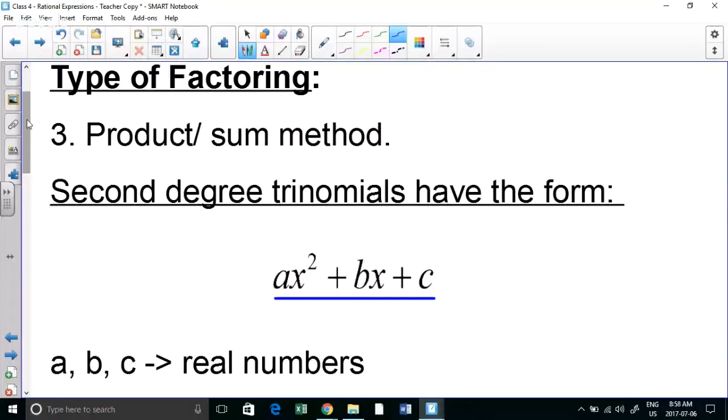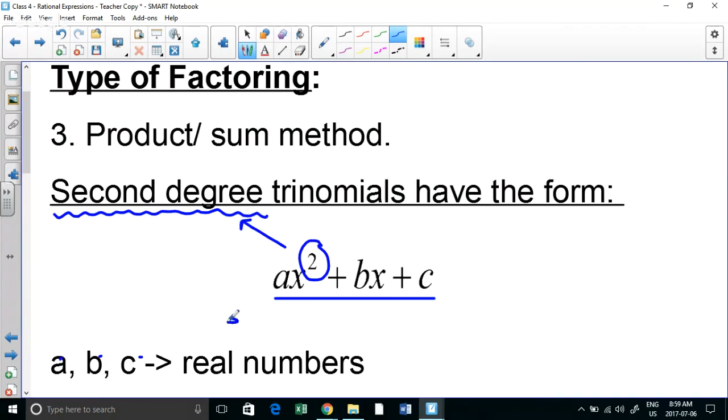So we talked about GCF factoring. We talked about grouping factoring. This is our third tool with factoring. We call this the product sum method. So, second degree trinomials, second degree, remember the exponent on the term, have the form x squared plus bx plus c, where a, b, c are real numbers.